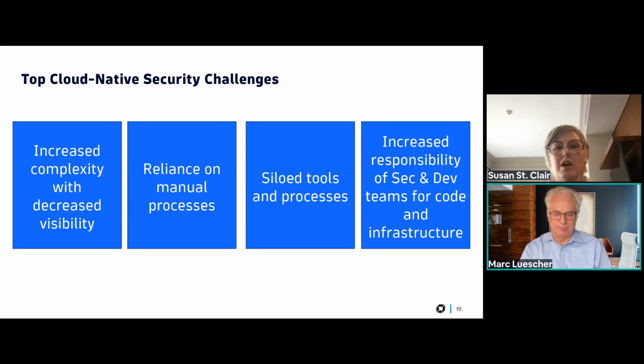Perspective from you. And then, relying on manual processes, I feel like we've been talking about automation for at least 15 to 20 years, depending on what layer of automation we're talking about. But it still is shocking to me how many customers I talk to have very manual processes.